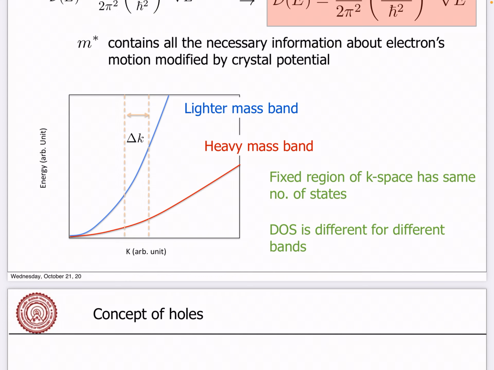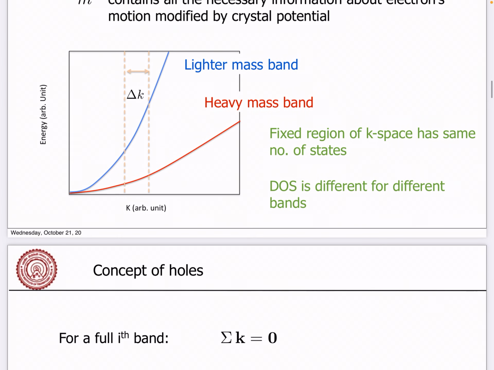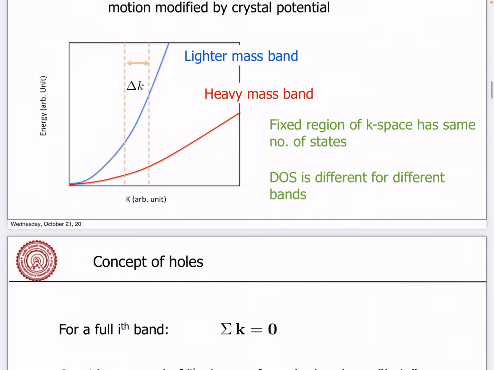Once we understand the role of effective mass on the density of states, we can see that the density of states can be defined by the effective mass, and it will be different for different bands. This is all taken care of by the m star values, the curvature of the different bands.